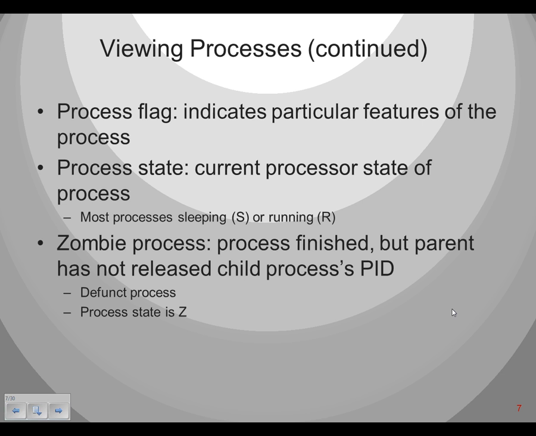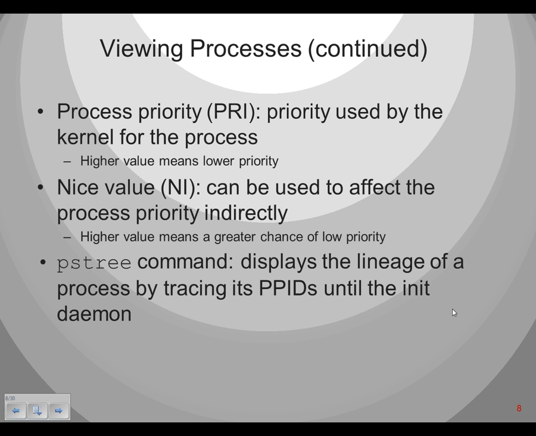The process state, or S column, is the most valuable because it indicates what the process is currently doing. A zombie process is a process that has finished but whose parent hasn't yet released the child process. Process priority is used by the kernel for the process.